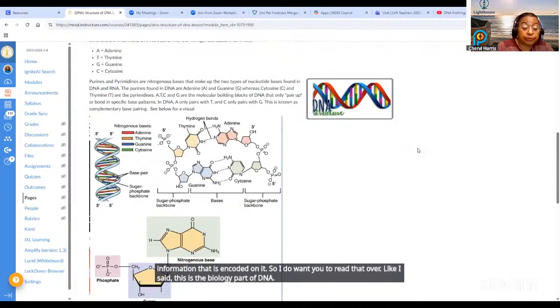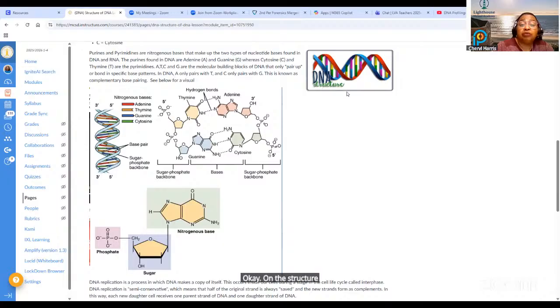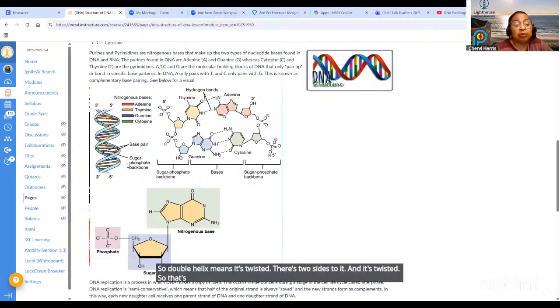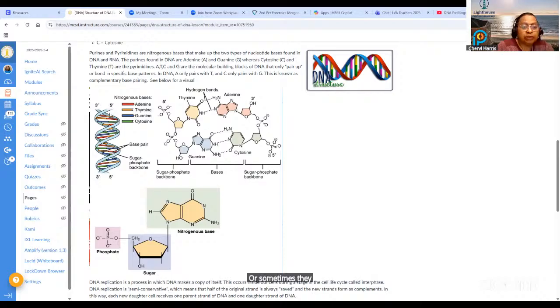Okay. On the structure, the thing to remember with DNA is that it is a double helix. Double helix means it's twisted. There are two sides to it, and it's twisted. That's why they call it a double helix, or sometimes they refer to it as a spiral staircase, because it kind of looks like that.